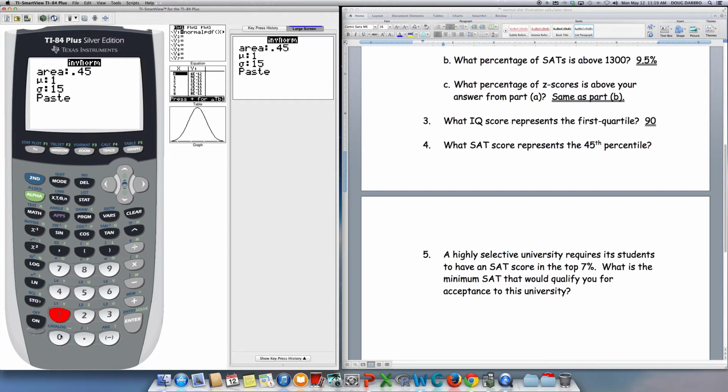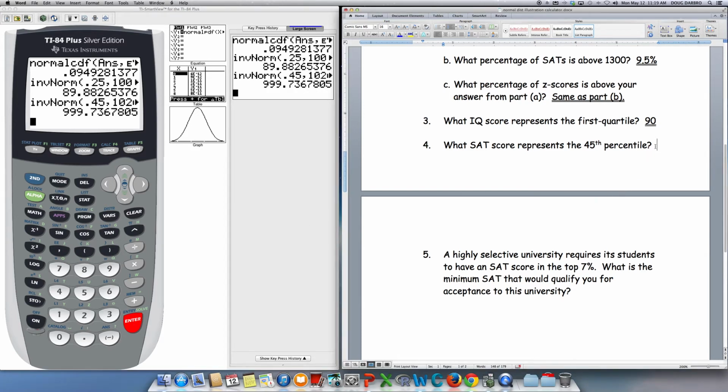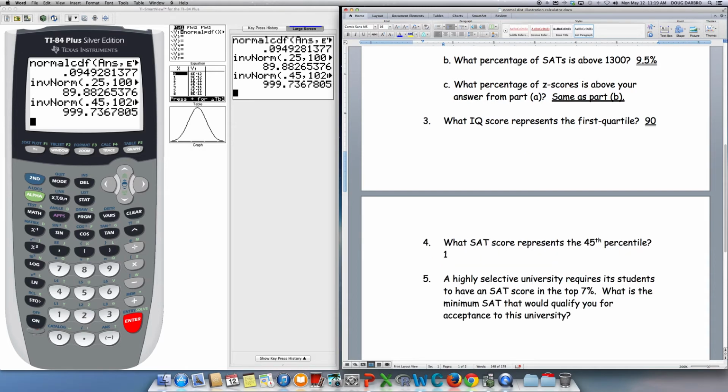Remember the mean was 1026. And remember the standard deviation was 209. So these are presented as integers, so we'll put our final answer as an integer, so it turns out to be 1,000.